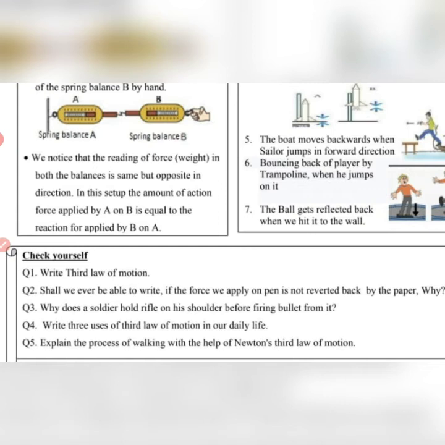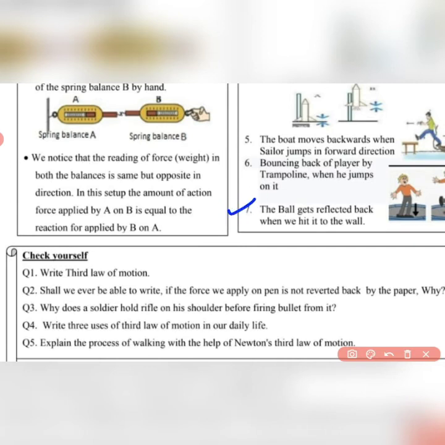And fourth question: write 3 uses of the third law of motion. As we have just seen, these 7 examples are examples of the third law of motion. A common example is any object we have placed on the table, like a book. It is exerting pressure on the table, and at the same time the table is also exerting force on this object. So there are two forces acting in opposite directions but with equal magnitude.